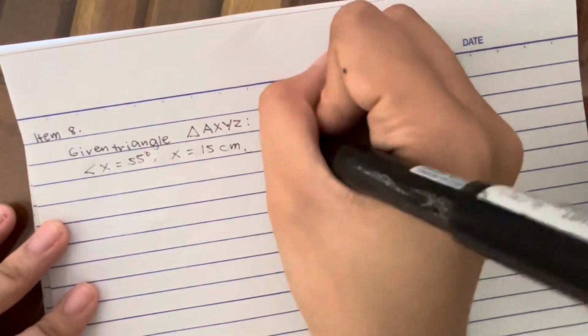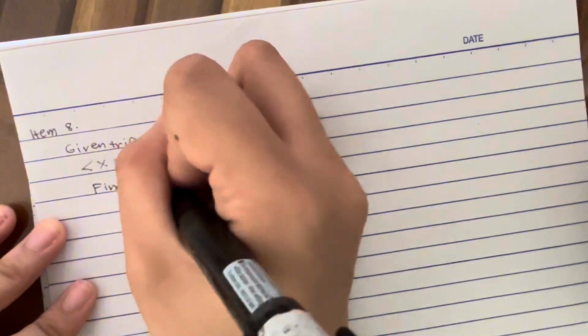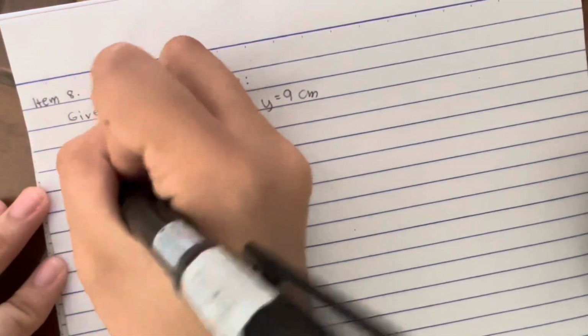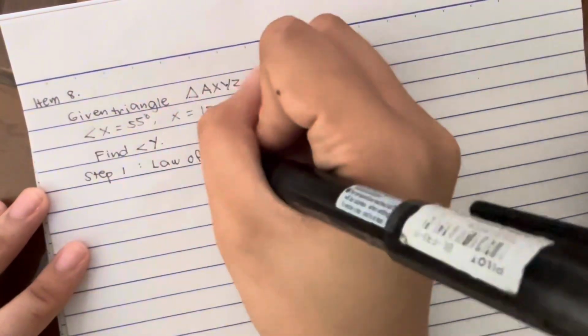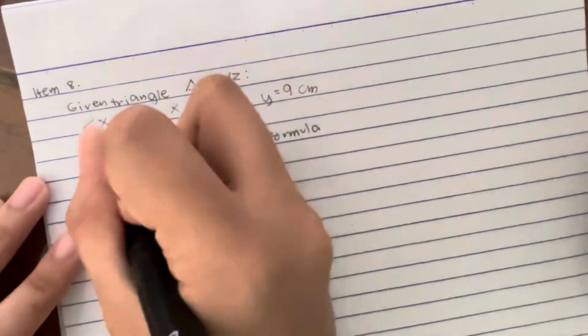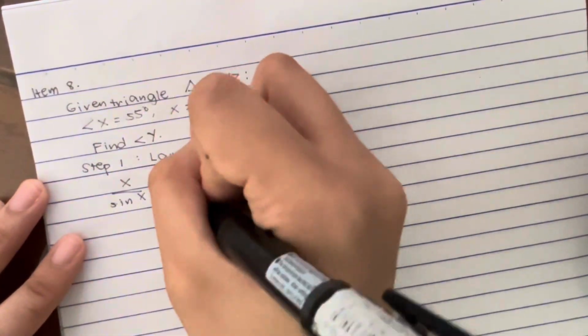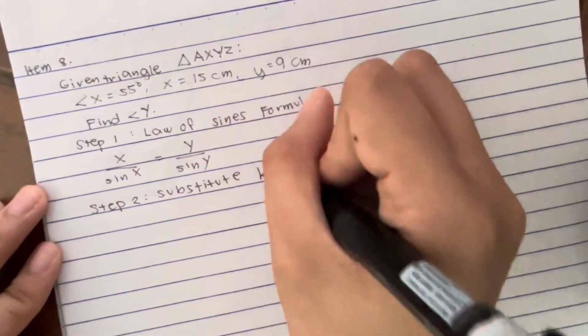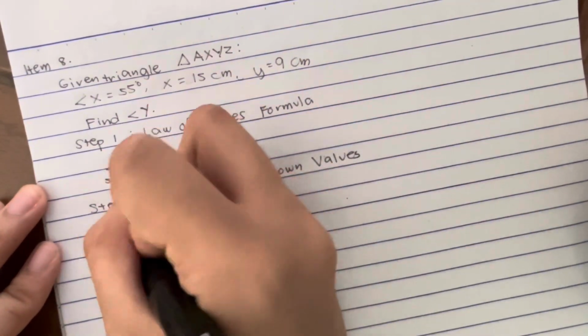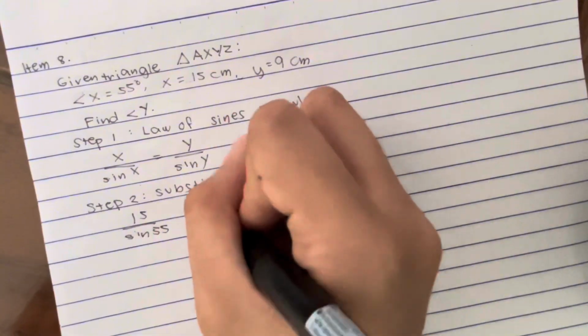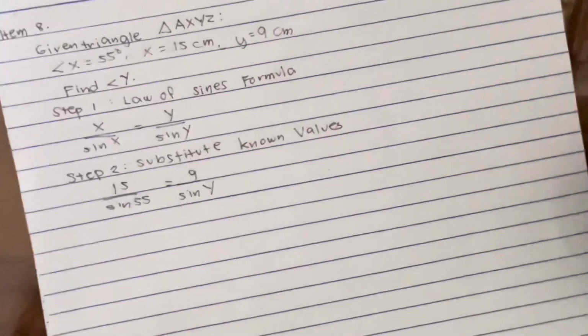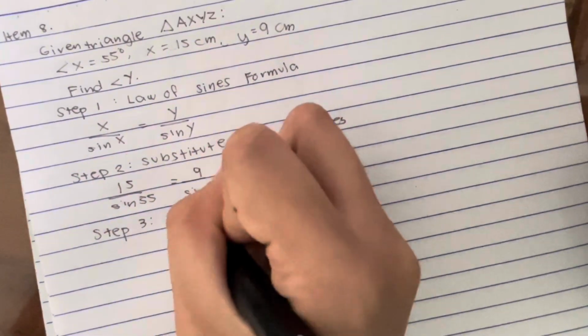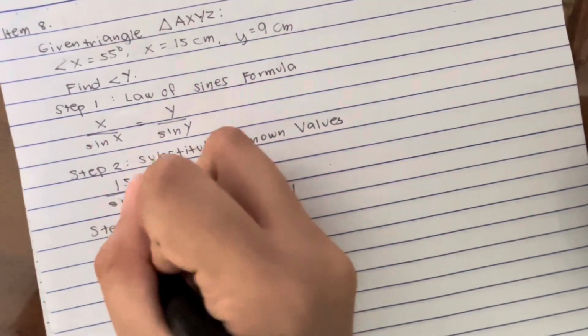Next is item number 8. We are given triangle XYZ where angle X is 55 degrees, side x is 15 centimeters, and side y is 9 centimeters. We are asked to find angle Y. Using the law of sines, I know that the ratio of a side to the sine of its opposite angle is the same for all sides.